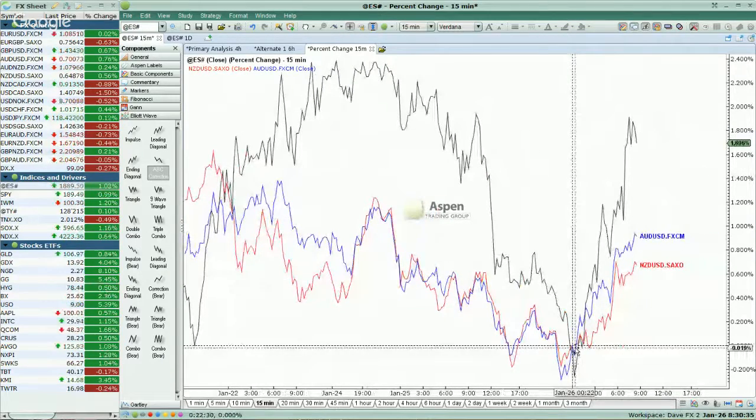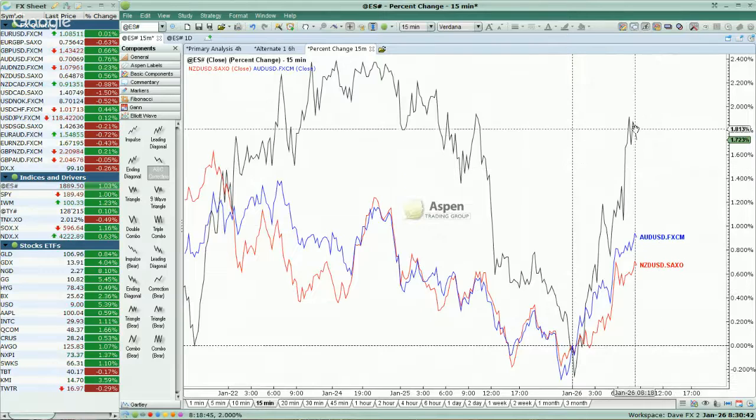So off of that recent low, meaning the low from this morning, the S&Ps have rallied about 1.7%. Aussie dollar rallied 0.88. Kiwi dollar only rallied 0.65.